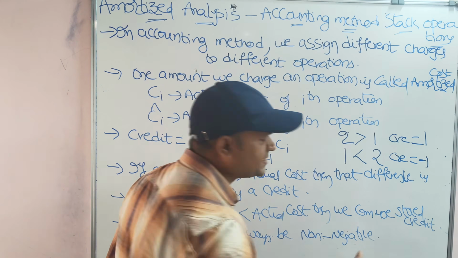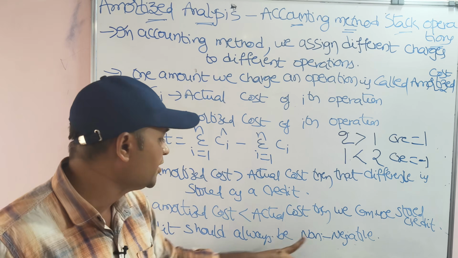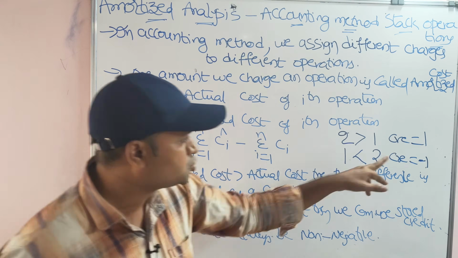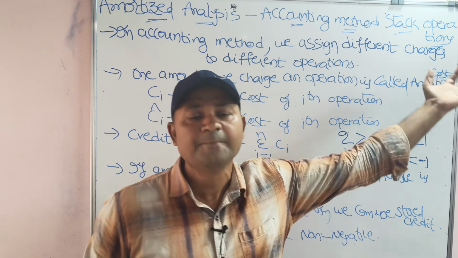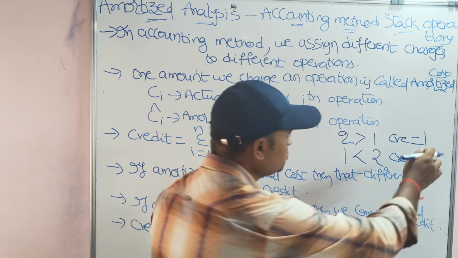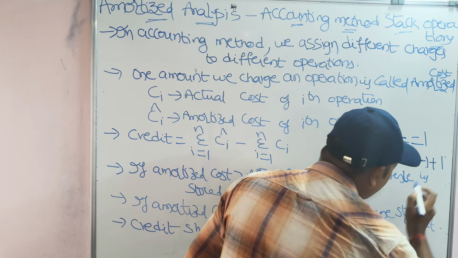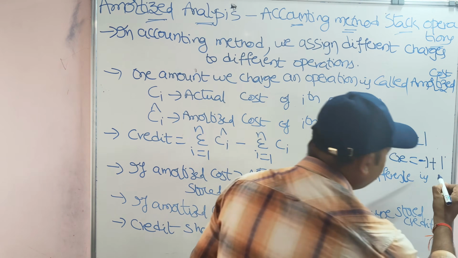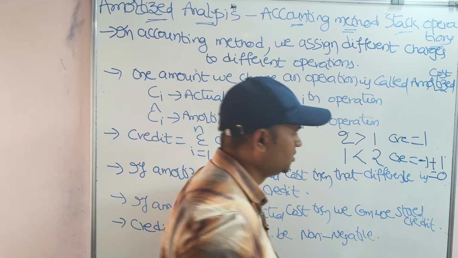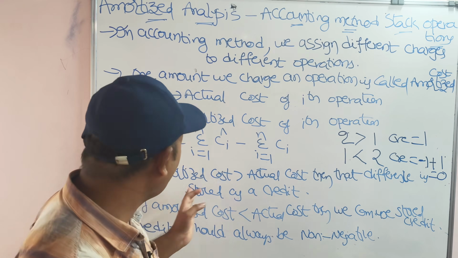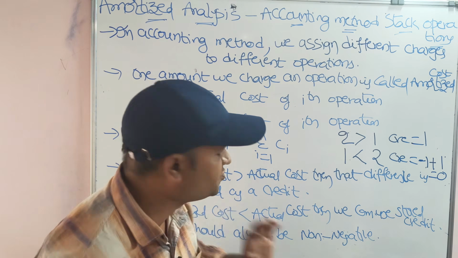Here the point is credit should always be a non-negative number. So now we have to use the previous credit information. What is the previous credit? 1. So minus 1 plus 1 is equal to 0. So this is about how amortized cost and actual cost will be.